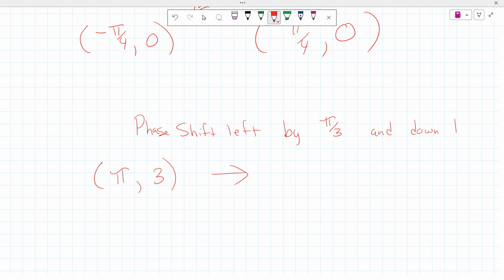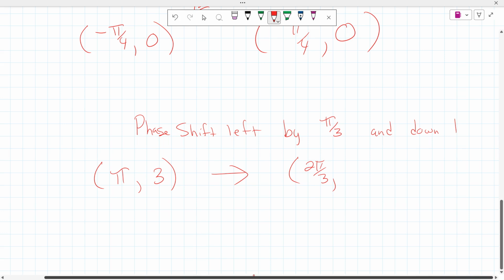Well, if we go to the left, we need to do what with the x value? Add or subtract? Subtract pi over 3. Well, pi is 3 pi over 3, and pi over 3 is 1 pi over 3. 3 pi over 3 minus 1 pi over 3 is 2 pi over 3. If we go down by 1, 3 minus 1 is 2. Okay?